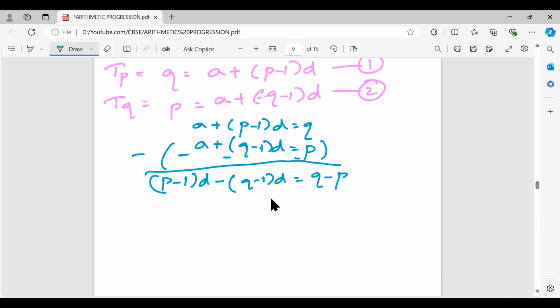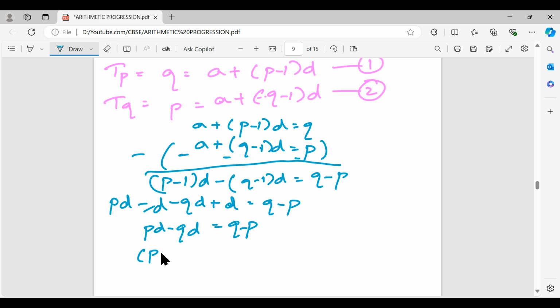Now we can open the brackets: PD minus D minus QD plus D equals Q minus P. So this D and this D cancel, and you have PD minus QD, which is nothing but Q minus P. So you can say (P minus Q) times D equals Q minus P. I hope this is clear until here.